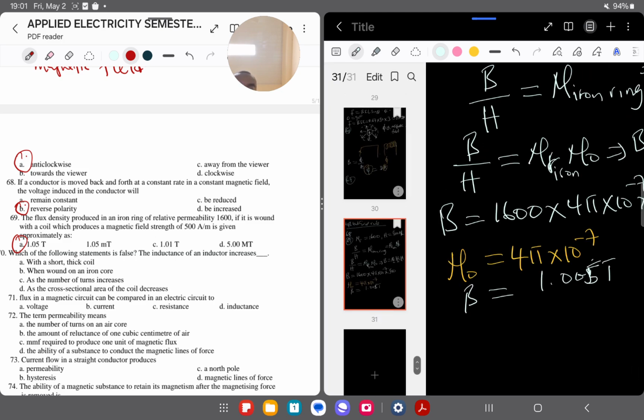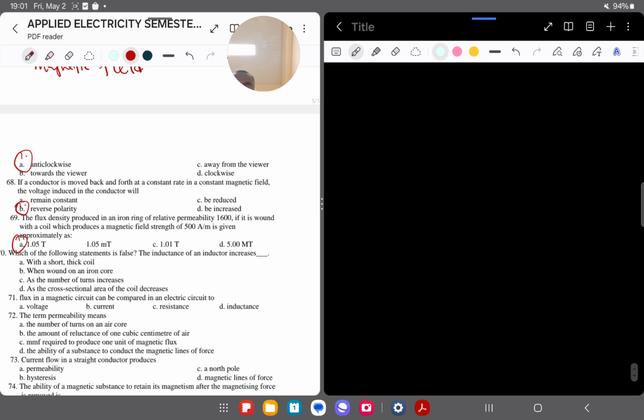Now moving to question 70. Which of the following statements is false? The inductance of an inductor increases. Here it's talking about the inductance of an inductor. An inductor is simply a coil. I sketched this even today.